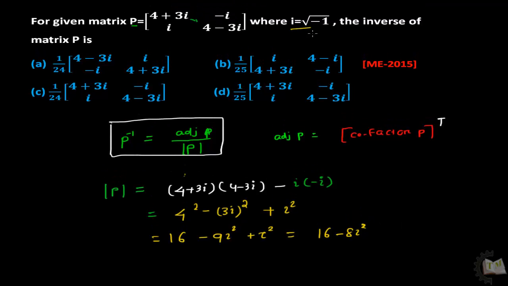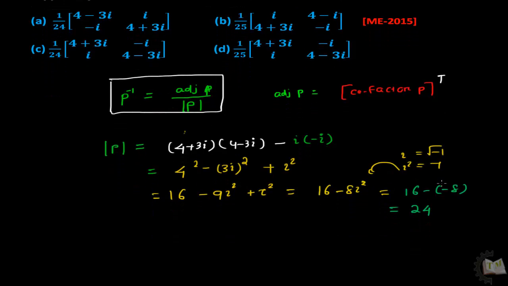In the question it is given that i equals root of minus 1, then i square equals minus 1. If we put this value here, then we get 16 minus of minus 8, which equals 24. So the value of the determinant is 24.